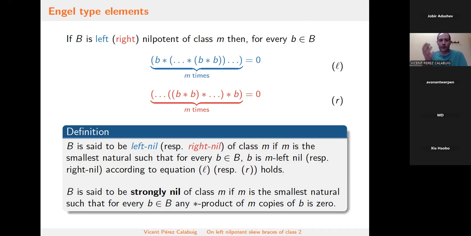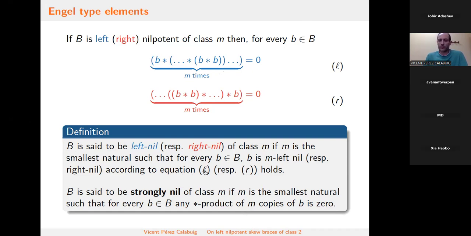So we can think about the following definition. A skew brace is said to be left nil of class M if M is the smallest natural such that for every element b of the skew brace, b is M left nil in the sense of the previous equation.